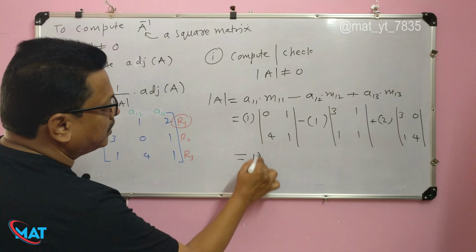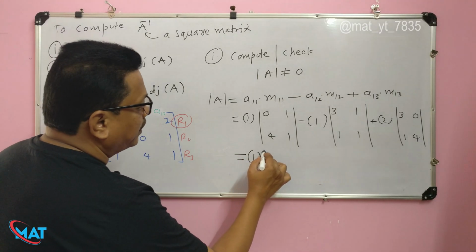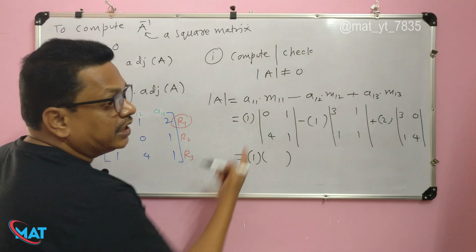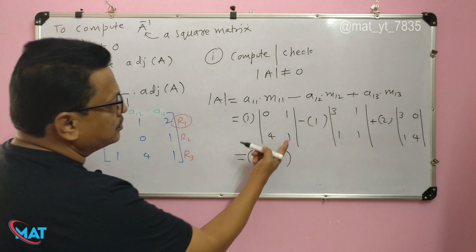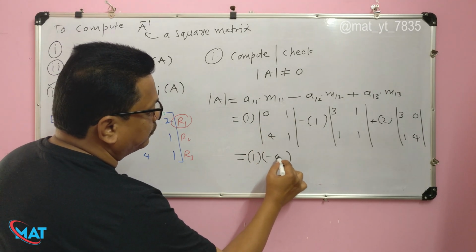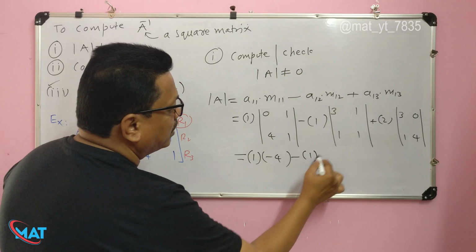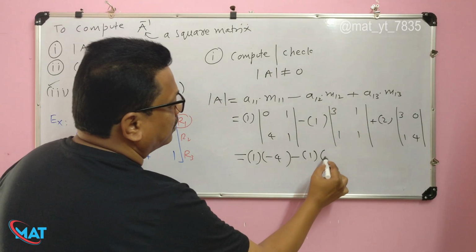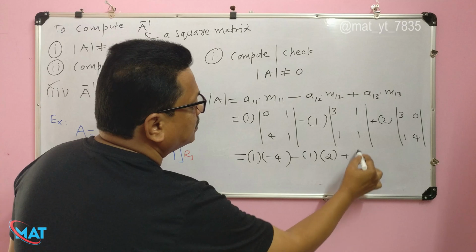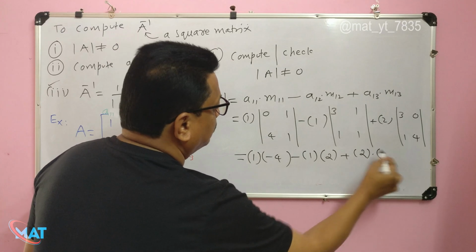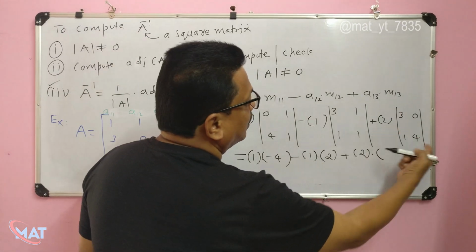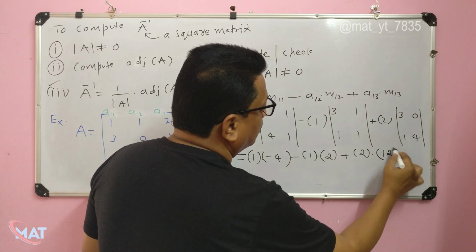So simplification part 1, this value will be LDP minus RDP rule again. 0 minus 4, negative 4 minus 1, 3 minus 1, it is 2 plus 2 into 12 minus 0, it is 12.